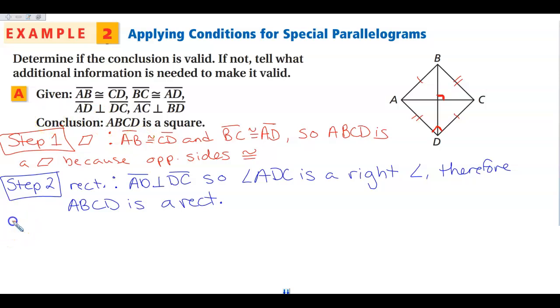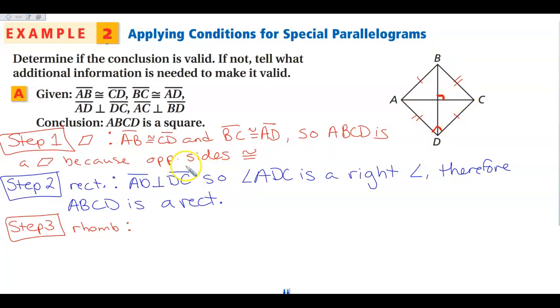All right, next, if we look at step 3, the question says, is ABCD a rhombus? Okay, so that's the next property we want to look at. All right, we've used the fact that our opposite sides are congruent. We've used the fact that we've got one right angle. Look what's here. We have that the diagonals are perpendicular.